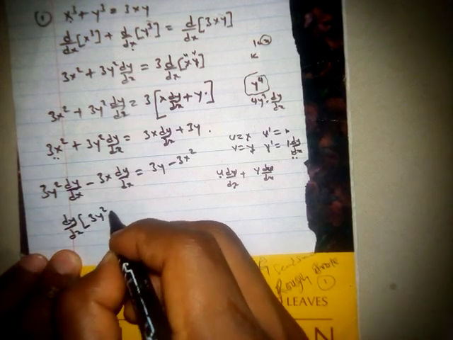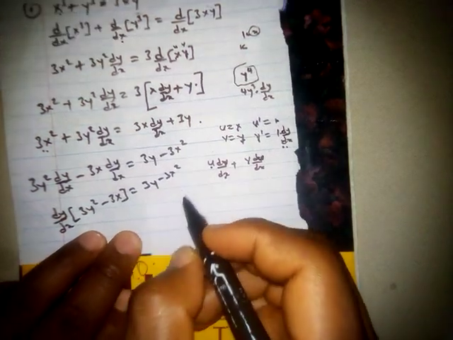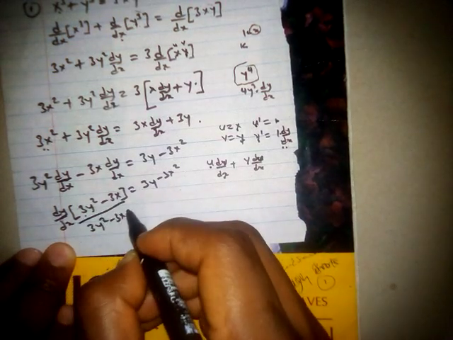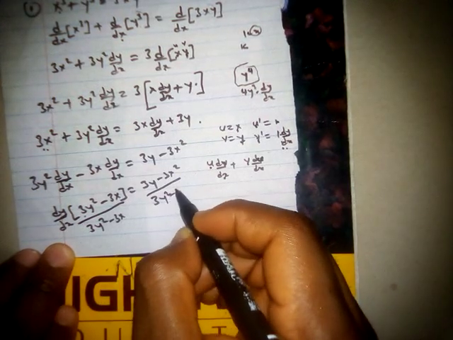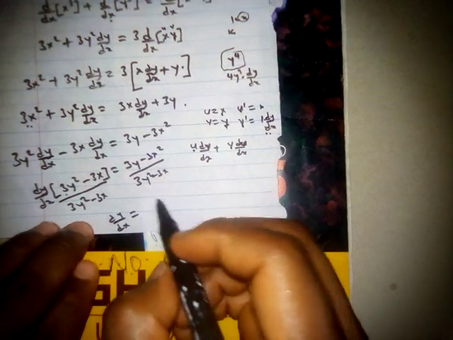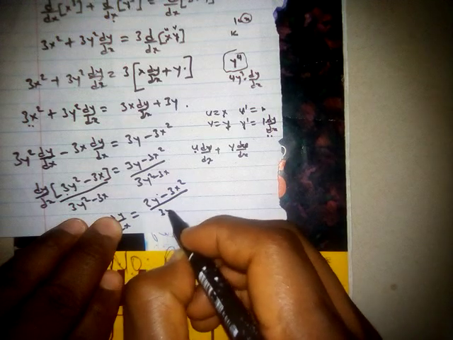If I factorize dy/dx, I have 3y squared minus 3x is equal to 3y minus 3x squared. Divide both sides by 3y squared minus 3x. I'm left with dy/dx is equal to 3y minus 3x squared all over 3y squared minus 3x.